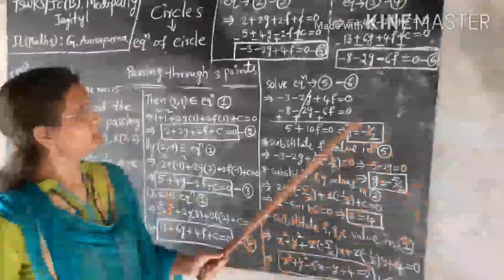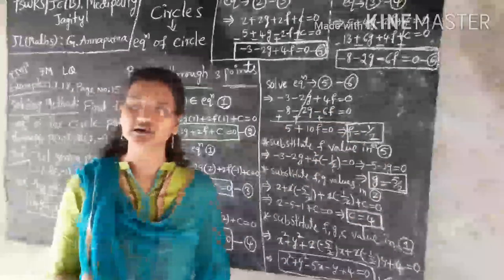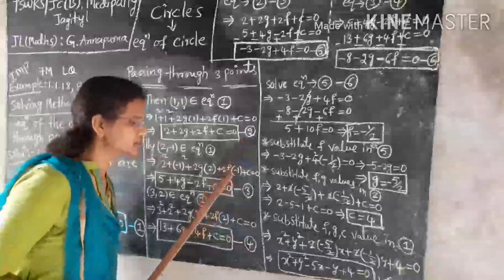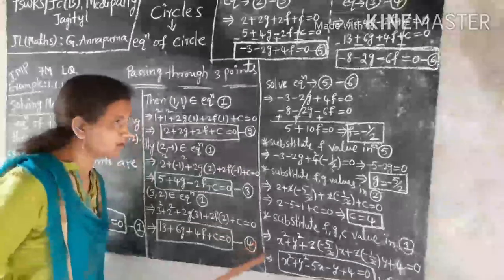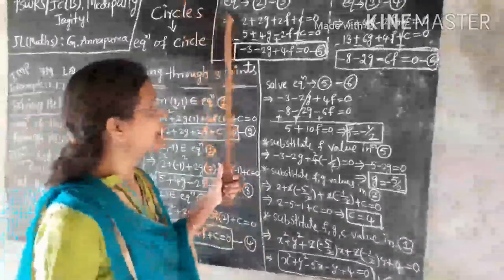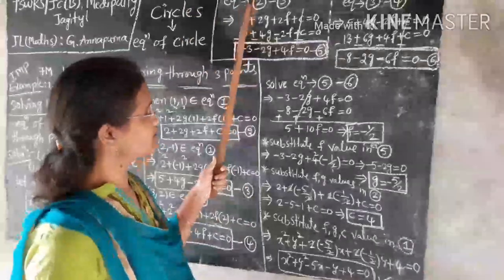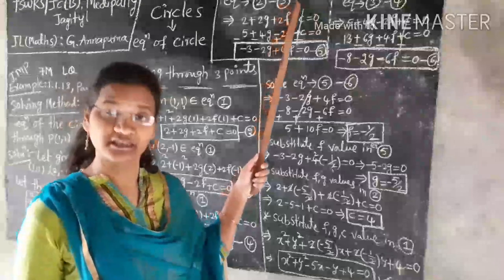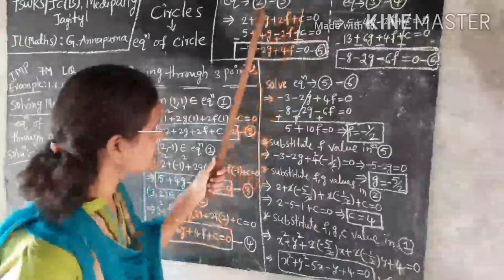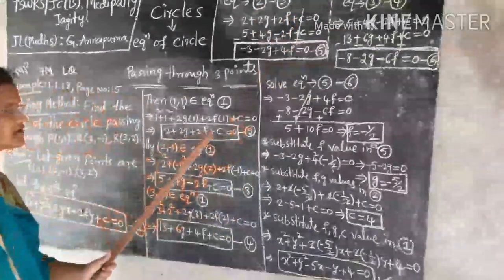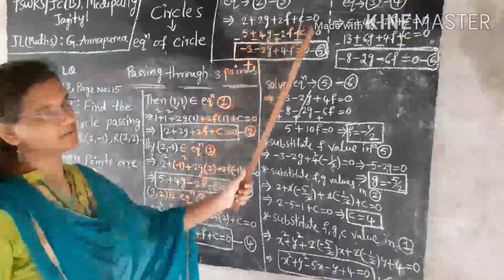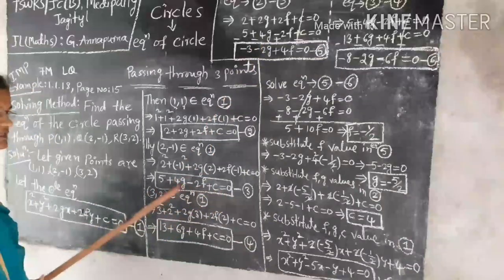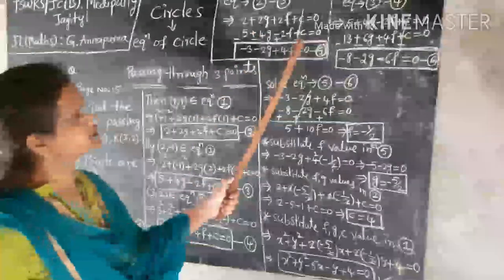Now we have to solve equations 2, 3 and 4. Here I am subtracting equation 2 from equation 3. What is equation 2? This is equation 2. What is equation 3? This is equation 3.